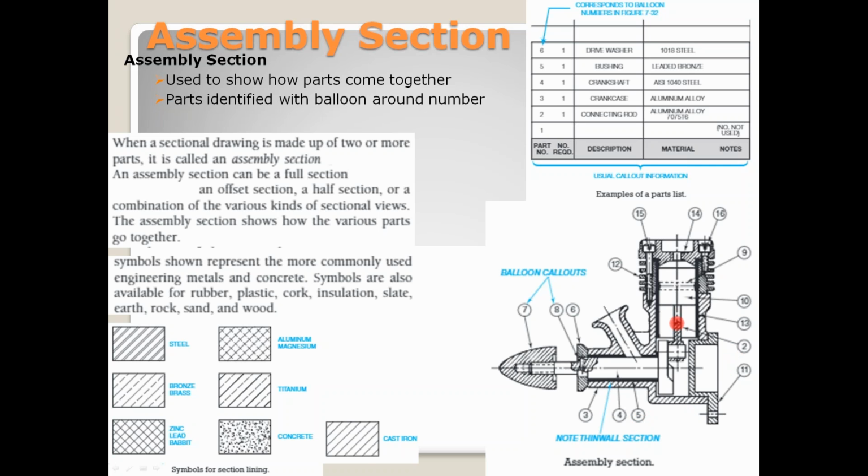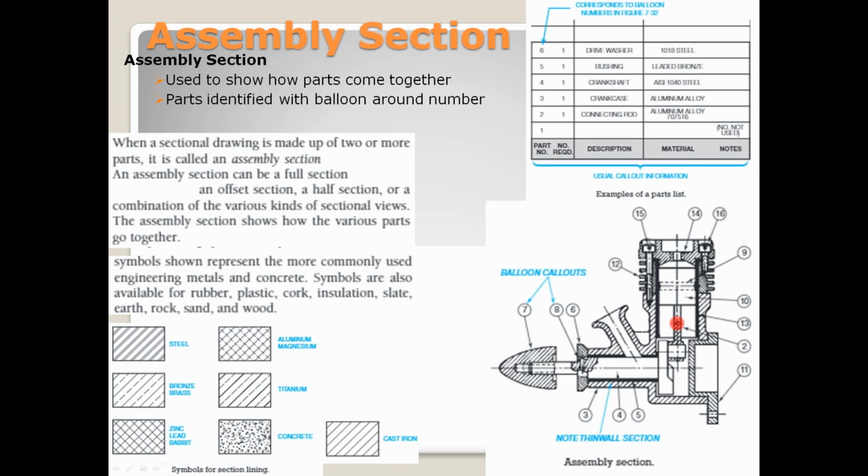When a sectional drawing is made out of 2 or more parts, it's called an assembly section. An assembly section can be a full section, an offset section, a half section, or a combination of the various kinds of sectional views. The assembly section shows how the various parts go together.